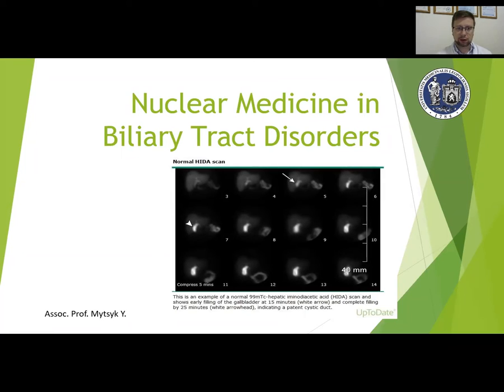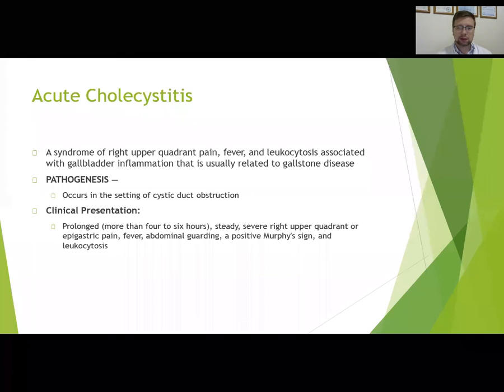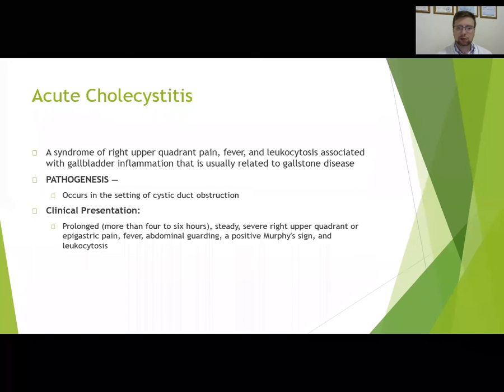Nuclear imaging in biliary tract disorders, and we will start talking about the different diseases. The first is acute cholecystitis, a syndrome of right upper quadrant pain, fever, and leukocytosis that is associated with gallbladder inflammation, usually related to gallstone disease.